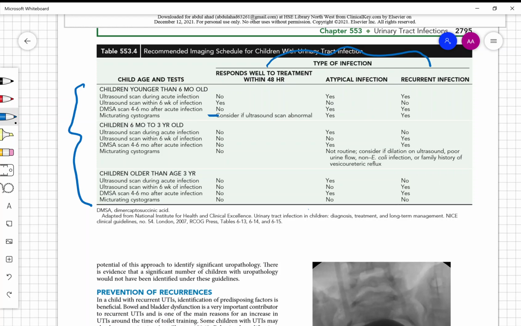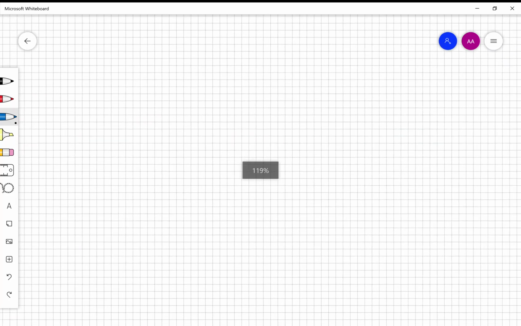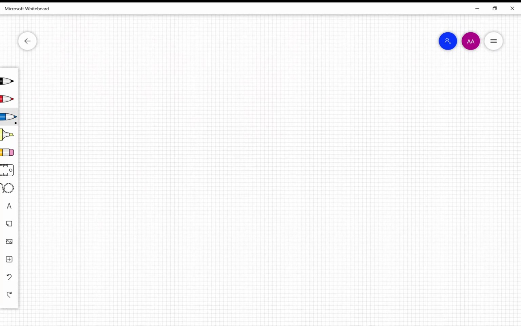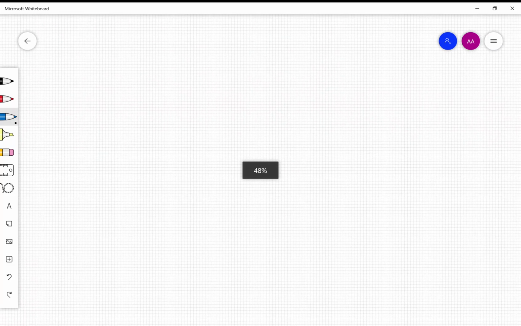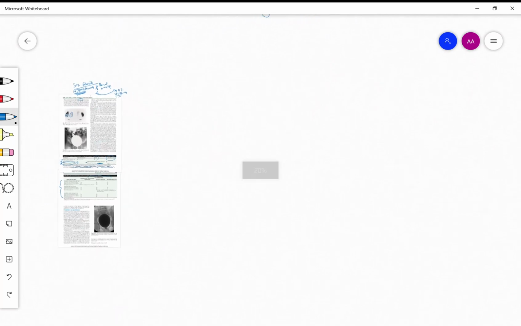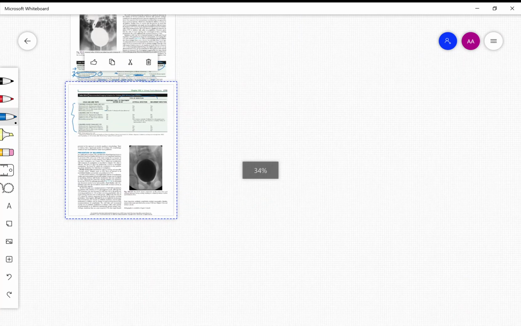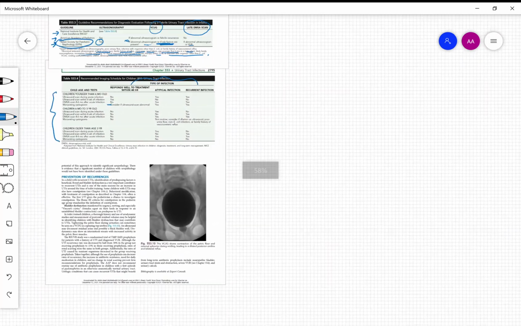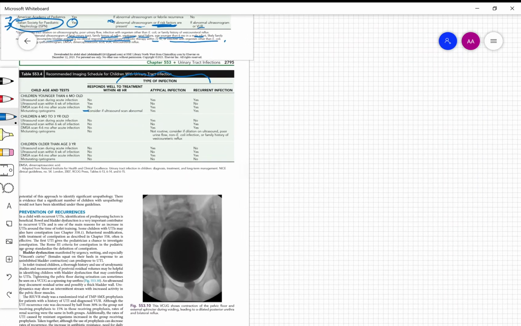So a summary of it, it's very easy to make a summary for yourself, and let me just zoom in a bit. Okay, it's zooming.